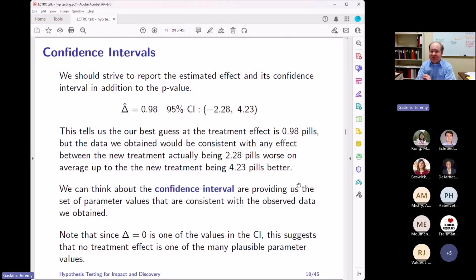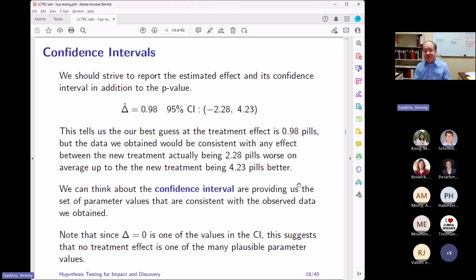This means our data would be consistent with any treatment effect ranging from our new counseling session being associated with patients taking 2.28 more pills on average, up through our new counseling leading to 4.23 fewer pills on average. I can think about my confidence interval as providing the set of parameter values for my delta that are consistent with my observed data.